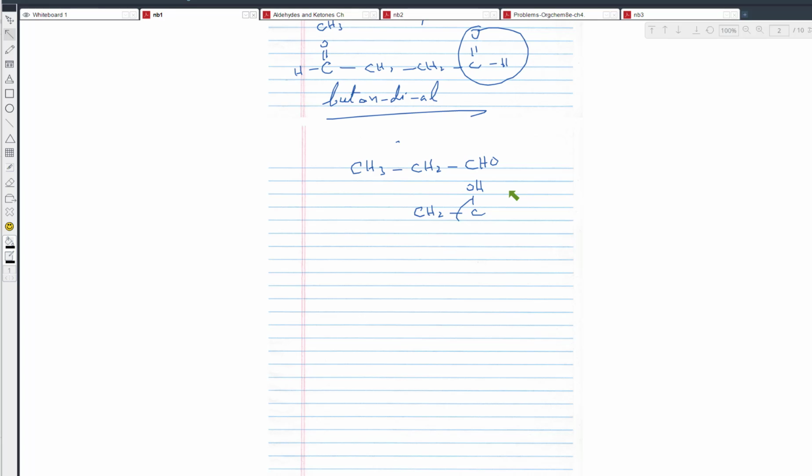Because now carbon is making only 2 bonds, but carbon makes 4 bonds. So this is not the correct way to open this one. The correct way is going to be CH3, CH2, C double bond O and H. Now look, carbon is making 4 bonds. So sometimes they write CHO. CHO is not the alcoholic group. It is the aldehydic group.